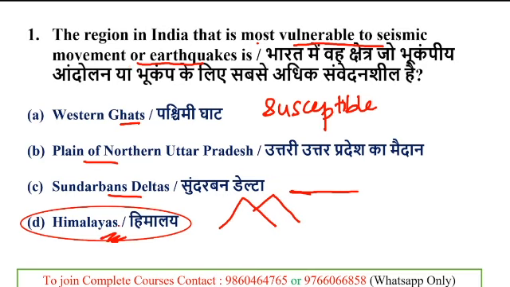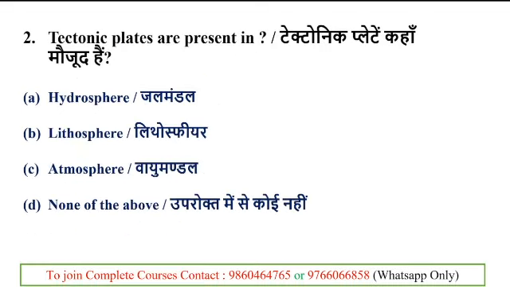And answer as the Himalayas. Clear? And then the next question is related to where the tectonic plates are present. Tectonic plates are also called lithospheric plates. A lithospheric plate is a massive, irregularly shaped slab of solid rock, generally composed of both continental and oceanic lithosphere.